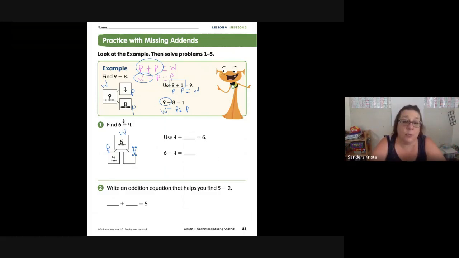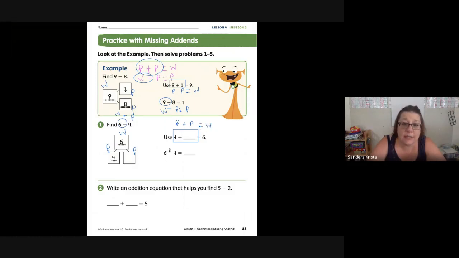See if you can go through and label the rest of them. You can press pause and do that and come back and look. Here is a whole minus a part. There's a plus symbol. That means everything around the plus symbol has to be a part. A part plus a part equals the whole.